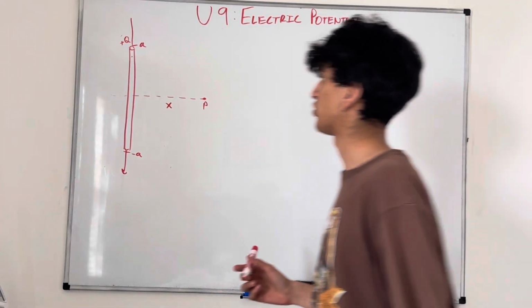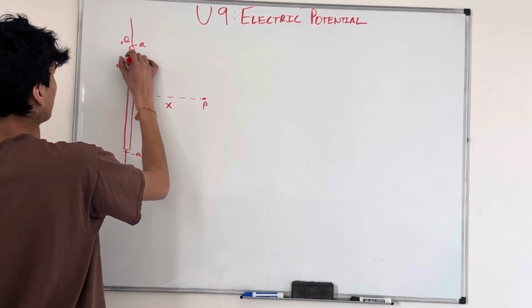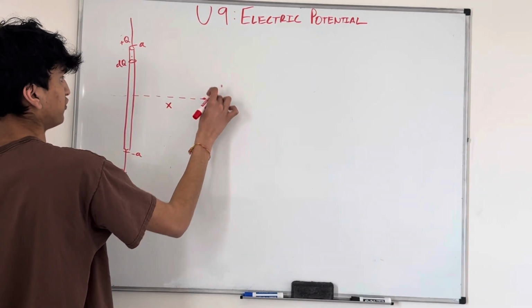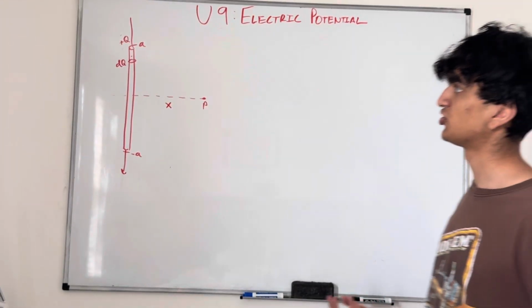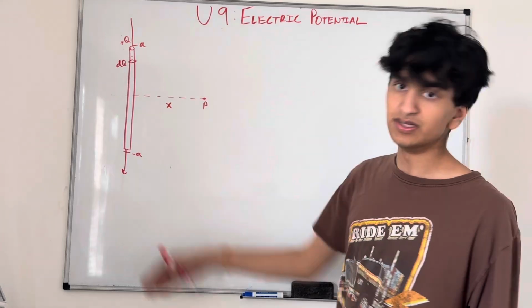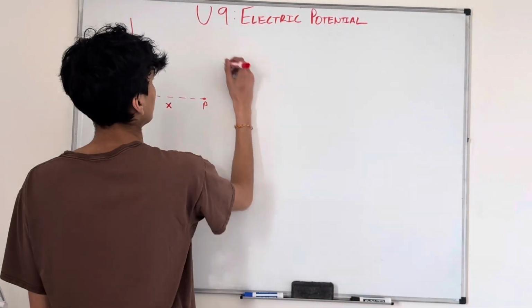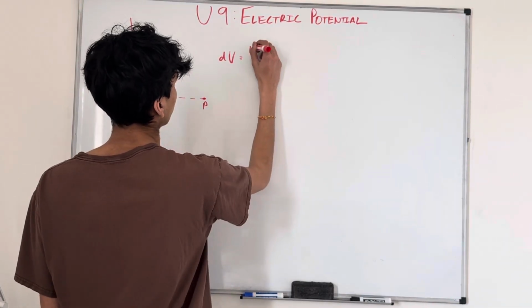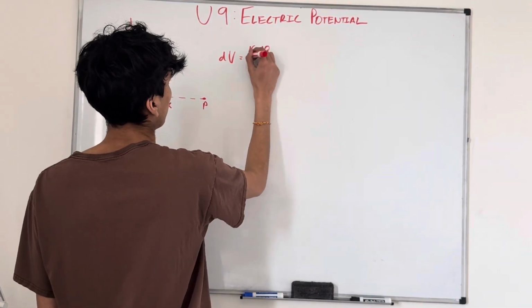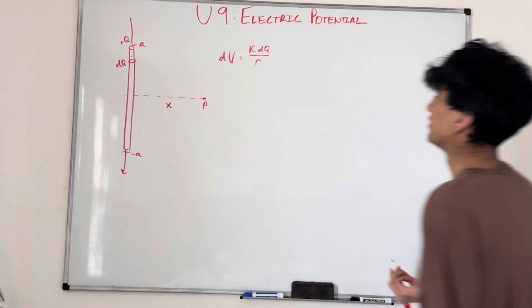Now you have a point charge right here, like a certain dq, that's creating a potential at this point. What we need to do is sum up the potentials created by all of the dq's. We have to take an integral. So it would essentially be dV, the potential created by a really small dq over r, and we have to integrate that.